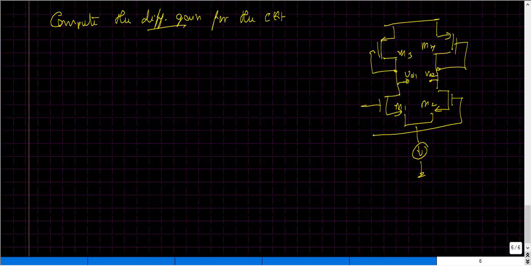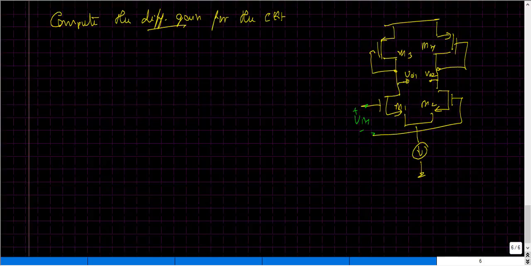So now to compute the differential gain, we need an anti-symmetric input across our Vin. So my Vin is here, and I need an anti-symmetric input across these two terminals.